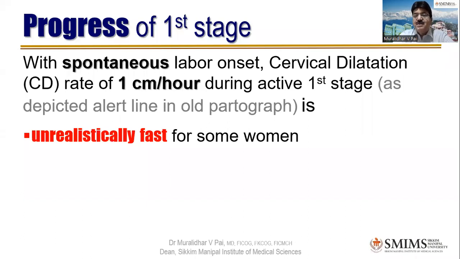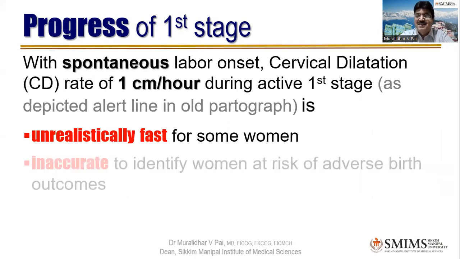Of course, Philpott and others did a long study, years together they observed, but they somehow gave us a pattern which said usually cervix dilates after 4 centimeters, 1 centimeter per hour, and that's the alert line. But now we realize that it is too fast for some women, at least, if not for all.